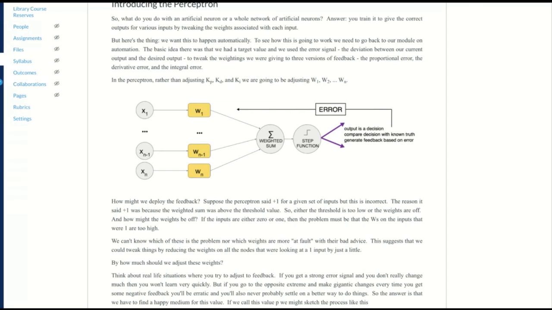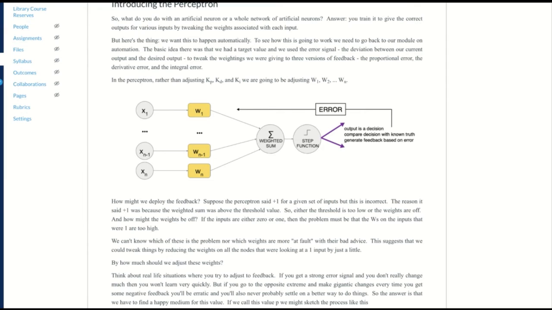So this diagram shows that sort of logic. We take the inputs over on the left. They go through and are weighted, and then we compute the weighted sum. We put that through a step function, and then the system is going to say either the answer is this or the answer is that. And we're going to then say, well, that was great. You got it right this time. So that feedback is going to go in, and we're going to say that they got a correct answer.